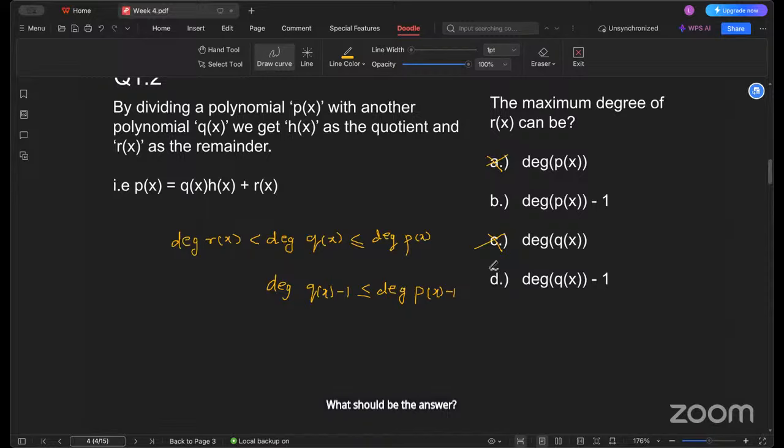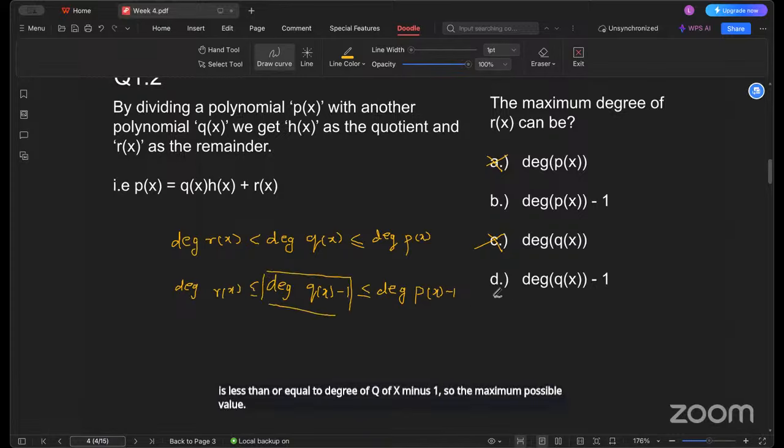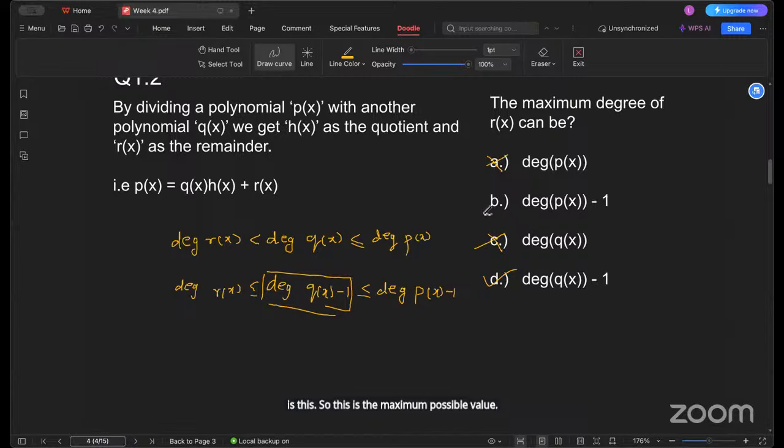Degree of Q of x minus 1. Yeah. So the maximum is this, right? So it cannot go beyond this. We have this relation: degree of R of x is less than or equal to degree of Q of x minus 1. So the maximum possible value is this. Okay. Is this clear?